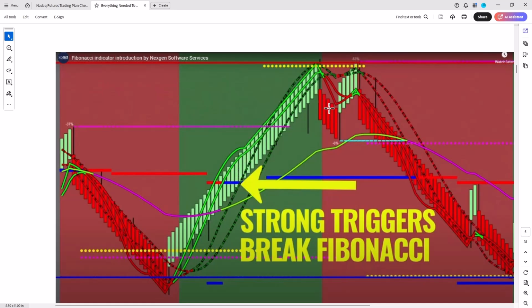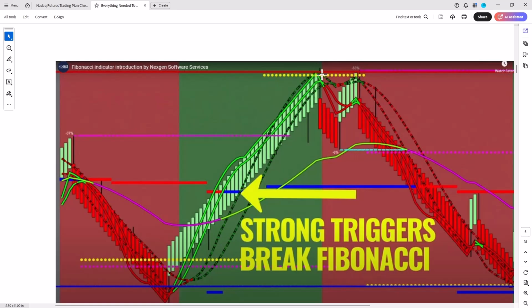If the trigger lines are not strong, and again, when you watch the trigger line video, you'll understand when you start to see the bottom of the bar below the triggers going up, and the small triggers inside of the large triggers, that's where we start to lose momentum. We're getting to a condition that we call weak triggers.